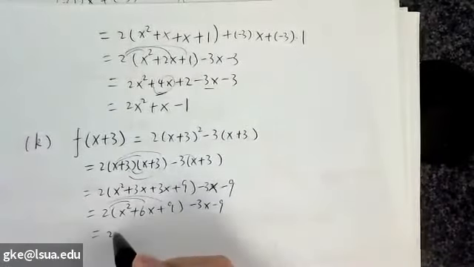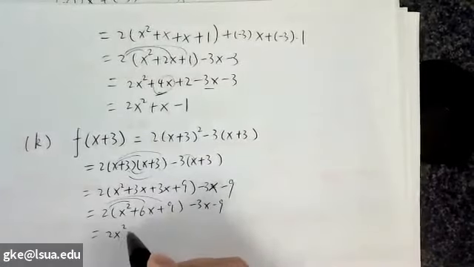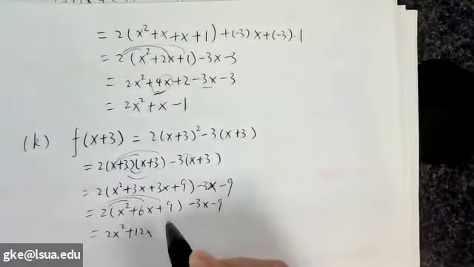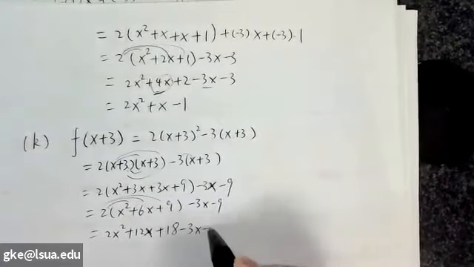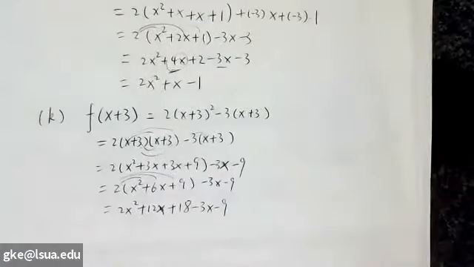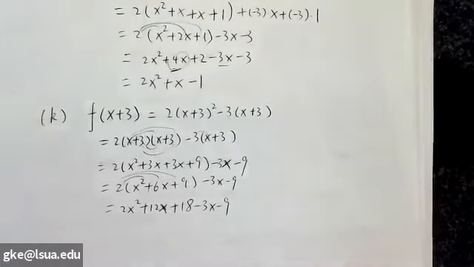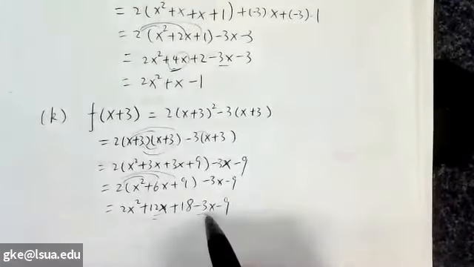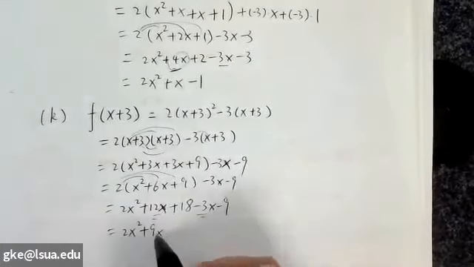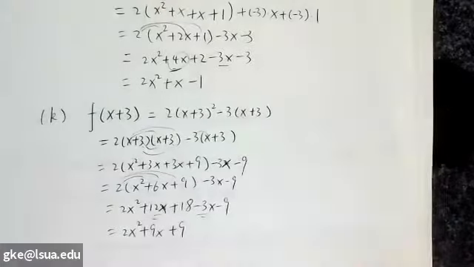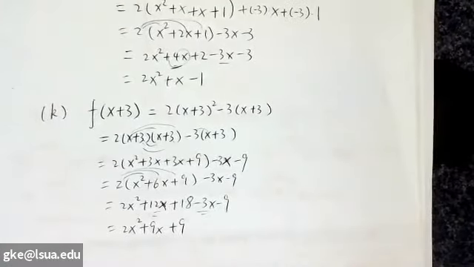Distribution: 2x squared, 2 times 6x is 12x, 2 times 9 is 18. And 12x subtract 3x is going to be 9x plus 9. Okay, that's it. That's it.